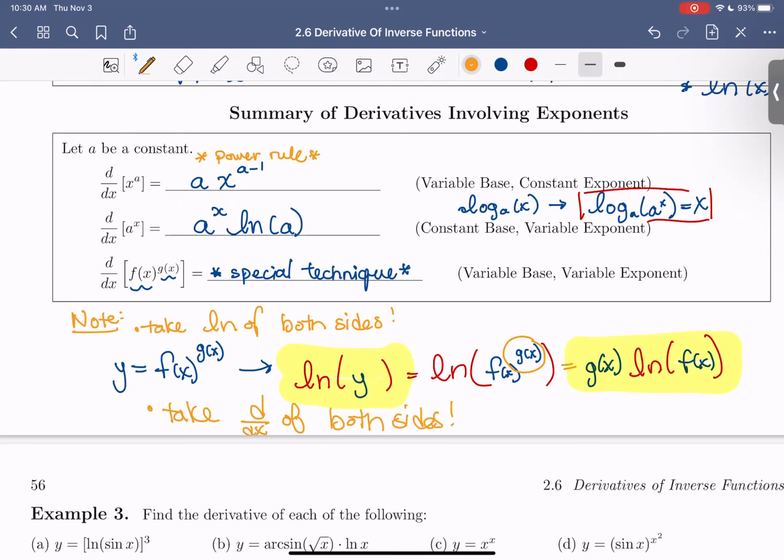What ends up happening is that you're able to compute the derivative of y, because that will come out when you compute the derivative of ln of y. Okay, so it's pretty cool. I just wanted to show you that, but don't worry, you won't have to do many of those problems on your own. And I'm more than happy to work out more examples for you.